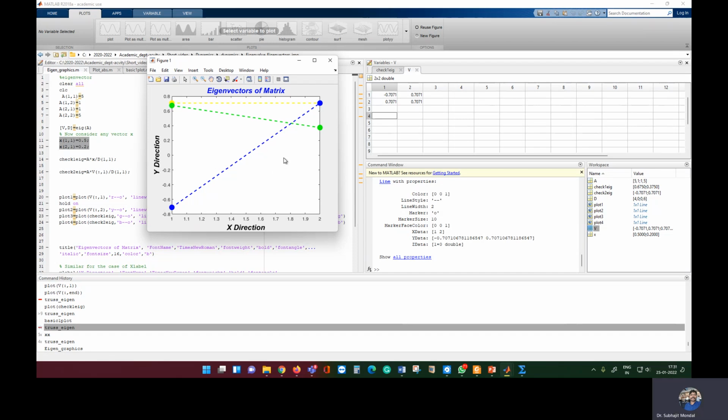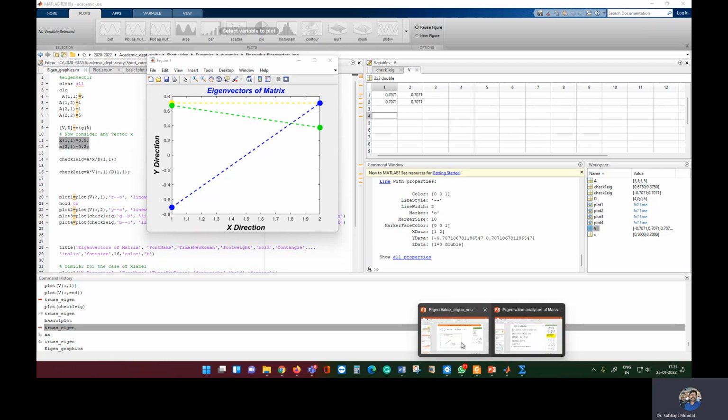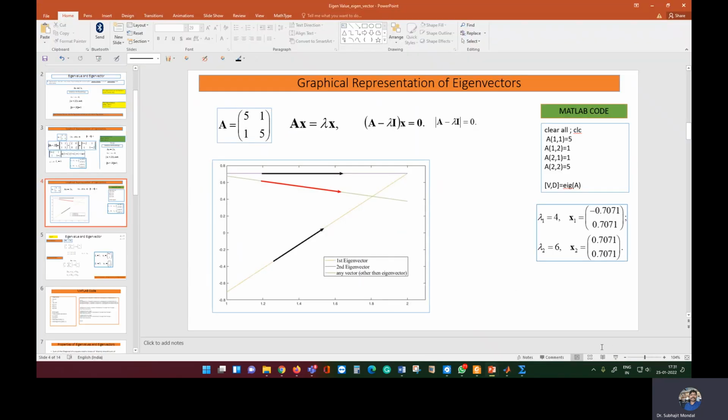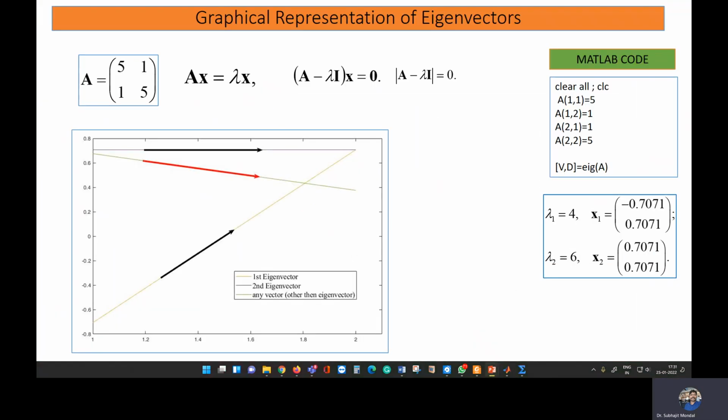Now you just see what actually we are doing. The first eigenvector we can represent graphically in this way. This is your first eigenvector and the direction of the eigenvector is like this, and for the second eigenvector we have the direction like this.